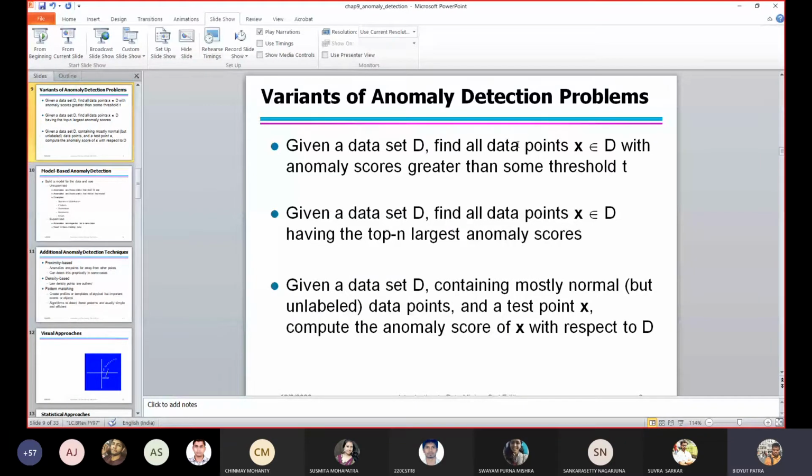Here it is assumed that you have only normal points, but the question is who will guarantee that this data has only normal points. Now, given a test data set, you need to say whether each point is normal or an anomaly, or outlier. So this is one example here.